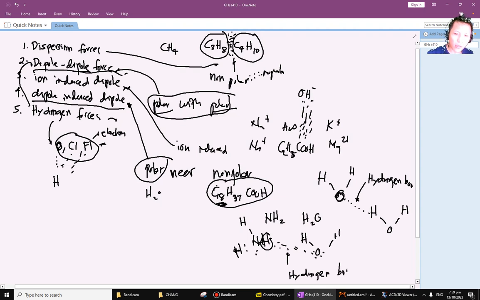Okay? So actually, they are also polar, but they are somewhat stronger than the common dipole-dipole force. So that's what makes them a hydrogen, not hydrogen force, but hydrogen bond. So usually it is called a hydrogen bond, not hydrogen force, because it would be misleading if you're talking about a force from hydrogen.